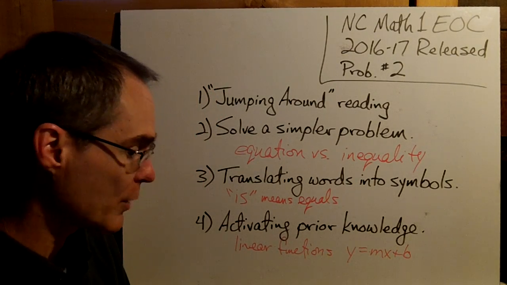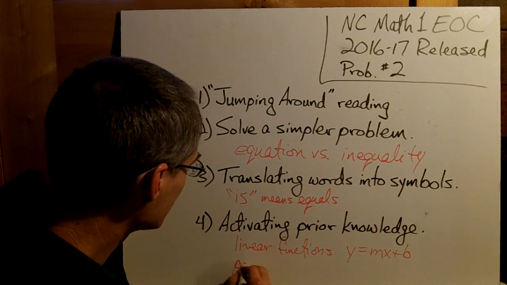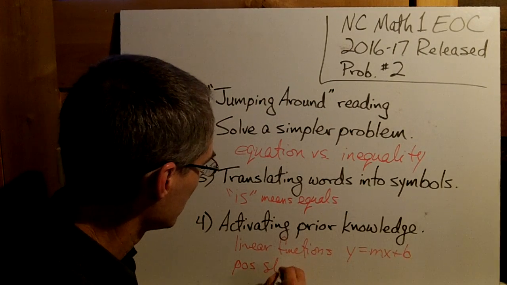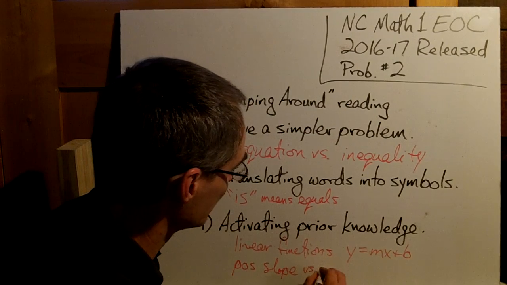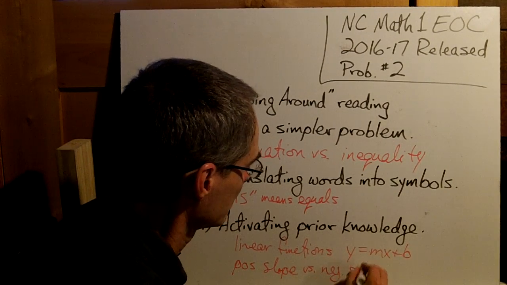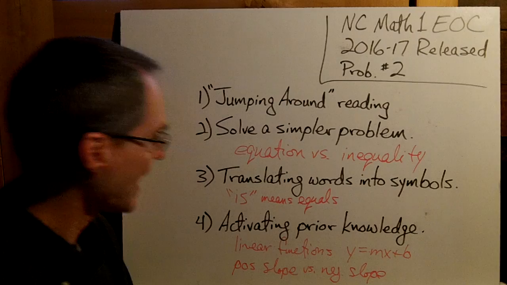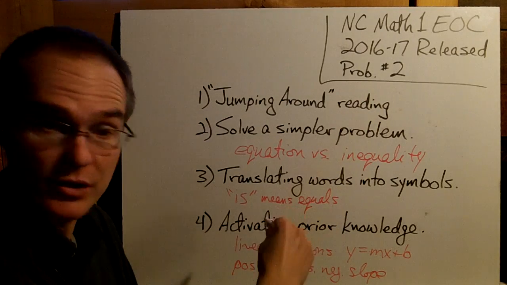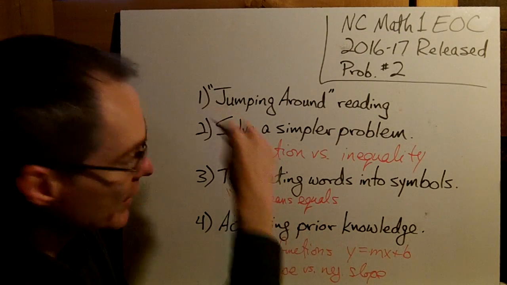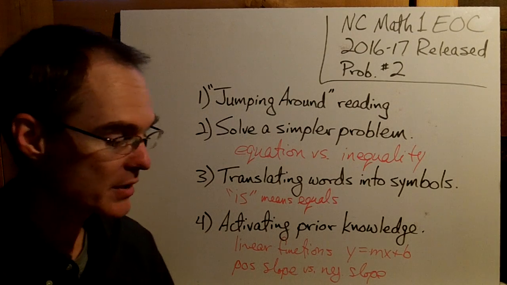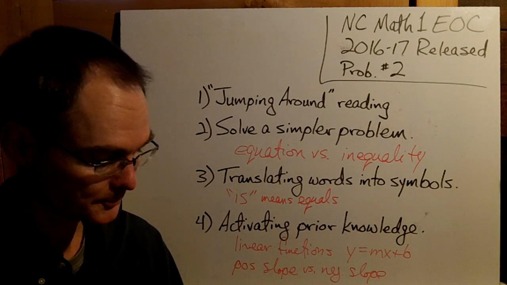We also used what we knew about positive slopes versus negative slopes, and the fact that we know that positive slopes go in this direction and negative slopes go in this direction, and that turned out to be particularly useful for this problem.